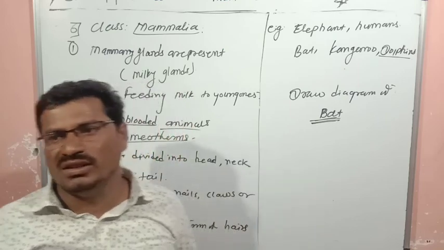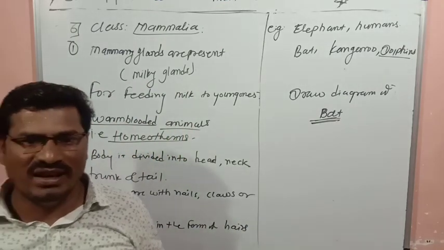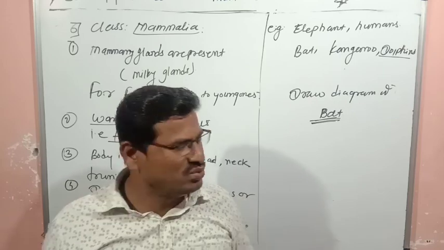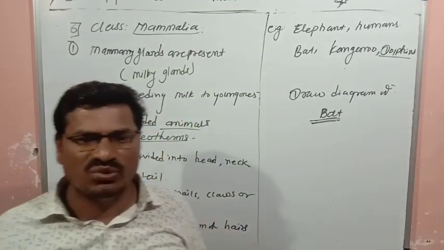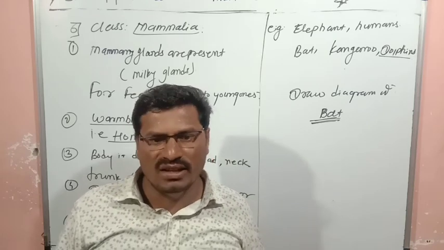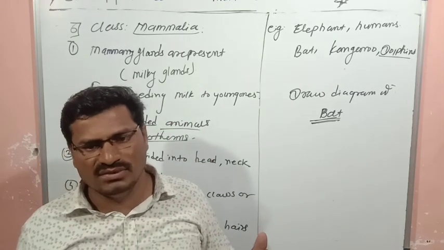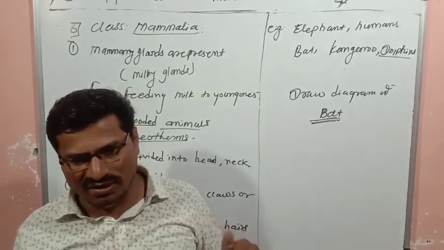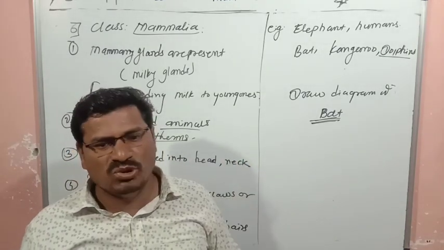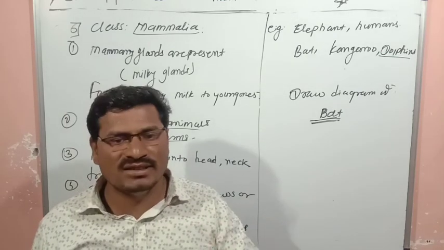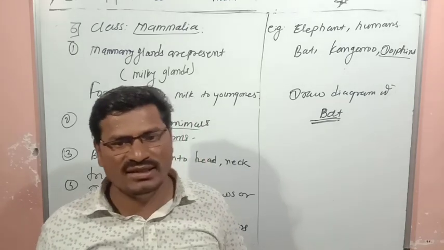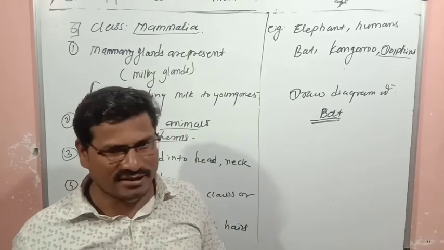Now, two questions are asked in the use your brain power section. The first one is about gharial and crocodile. What type of animals are these? They can live on land and in water, but they are reptiles.